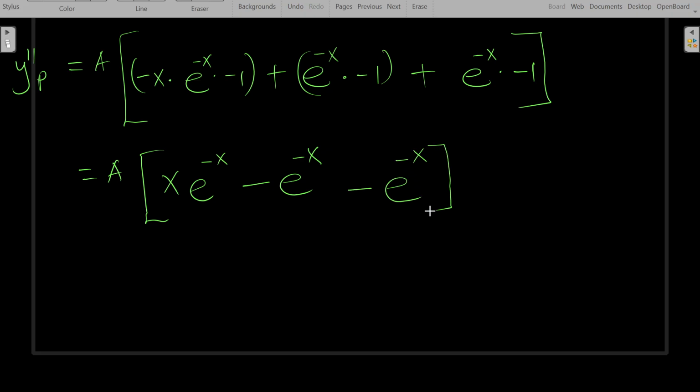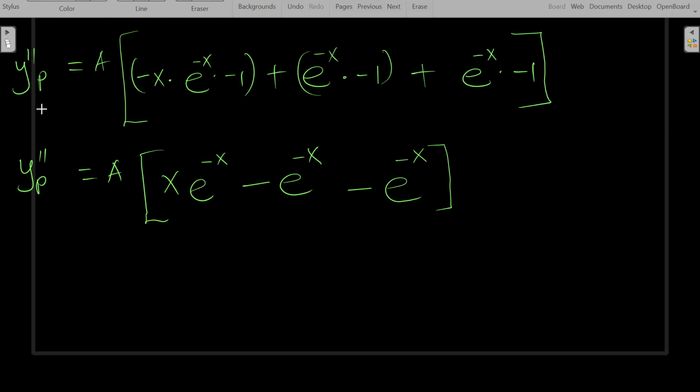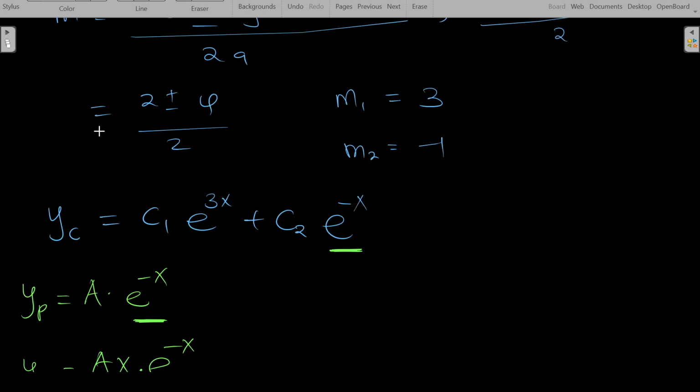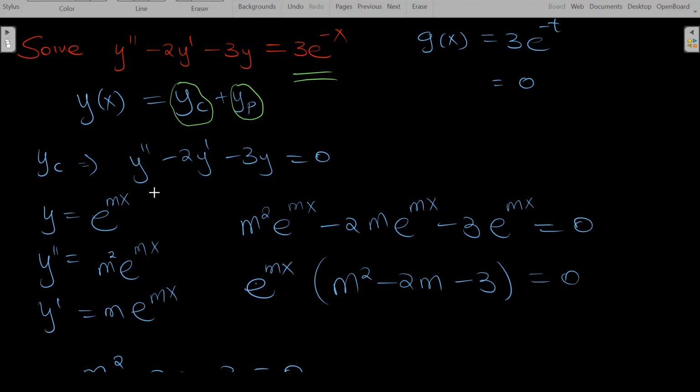Once you have gotten that, this will be my y p double prime. Now, once you have gotten y p double prime, you substitute back into the differential equation. The differential equation is y double prime minus 2y minus 3 equals 3 e raised to negative of x.